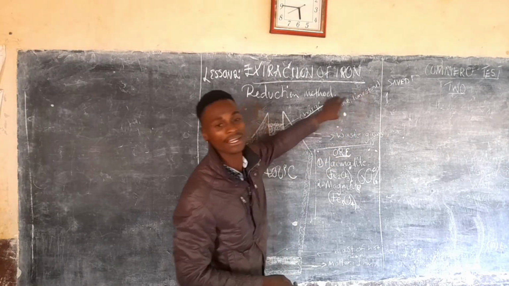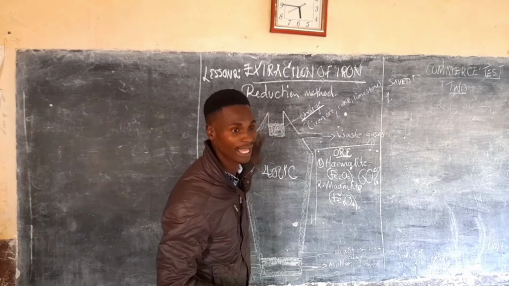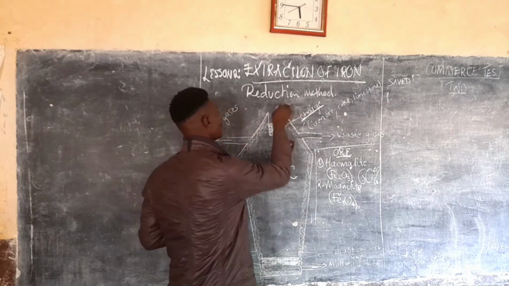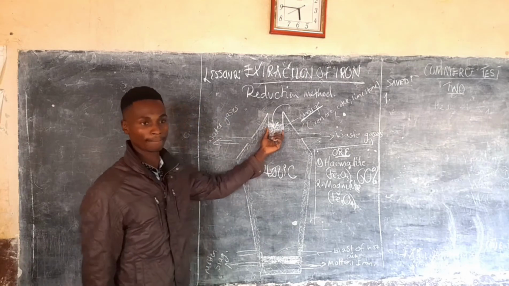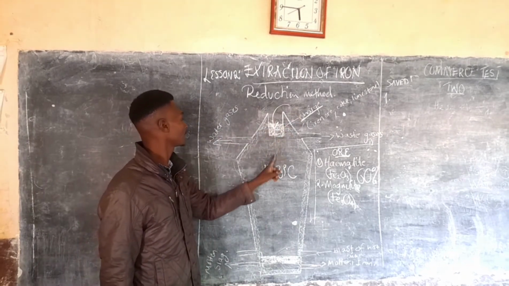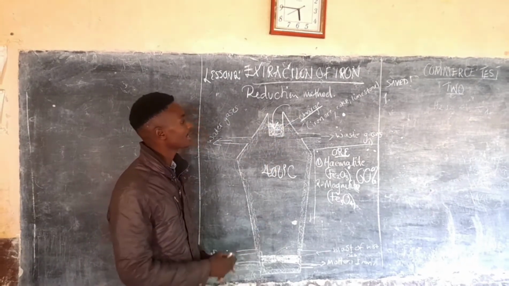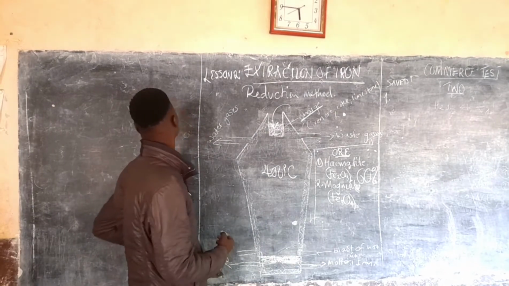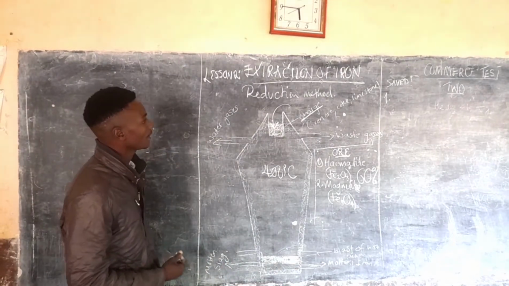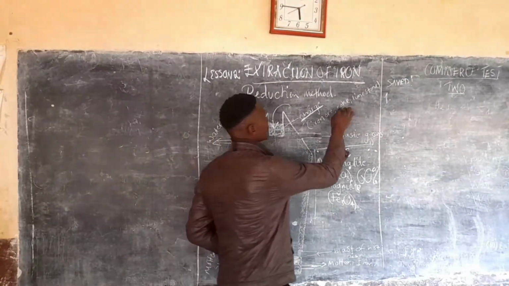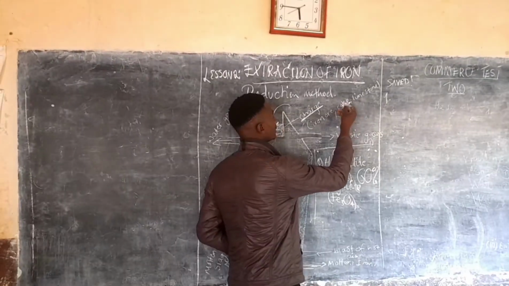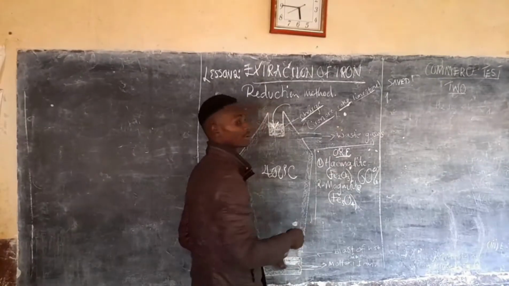These are fed into the furnace at the same time, using this point here. Let's start with coke, then limestone, then iron ore lastly.